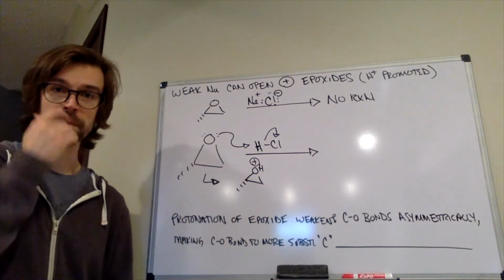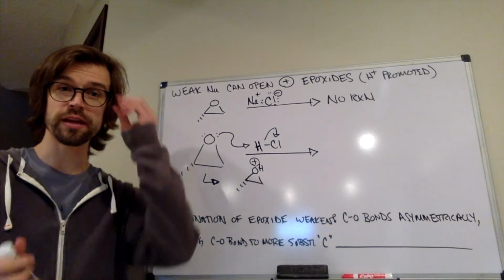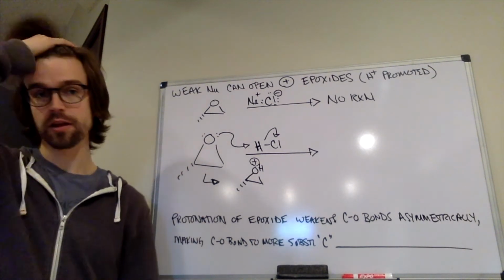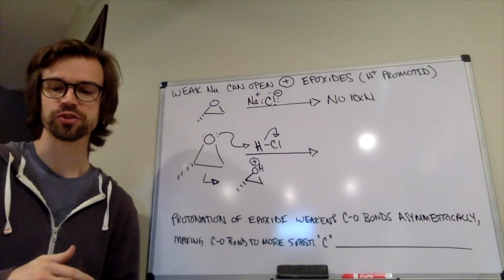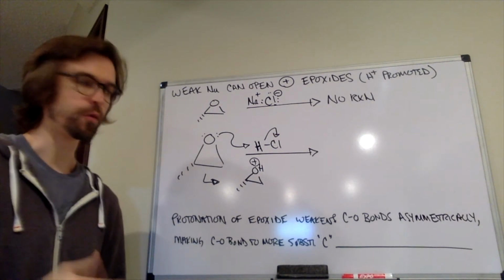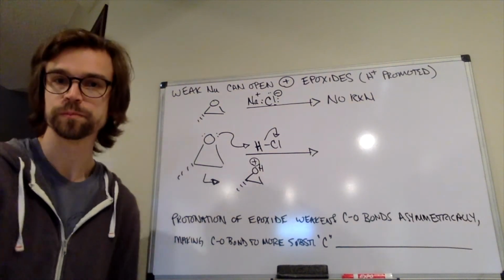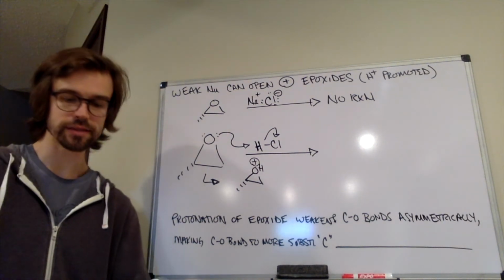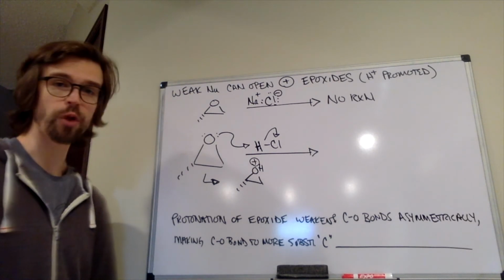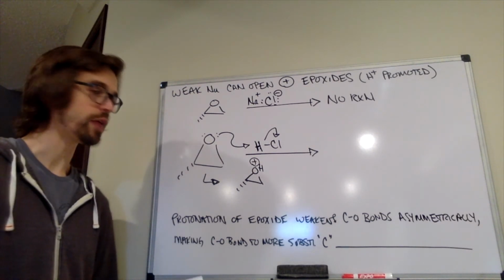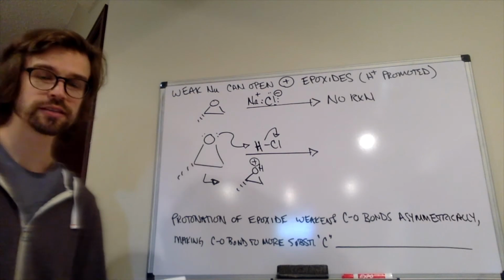And now it's really important to think about, well, what did we do last time? We wanted to break the weakest bond, and the bonds were really similar in strength. So we went for the one that was just more open. But now we're actually in a little bit of a different scenario. We have a protonated epoxide, so again, we have to look at the bond lengths.